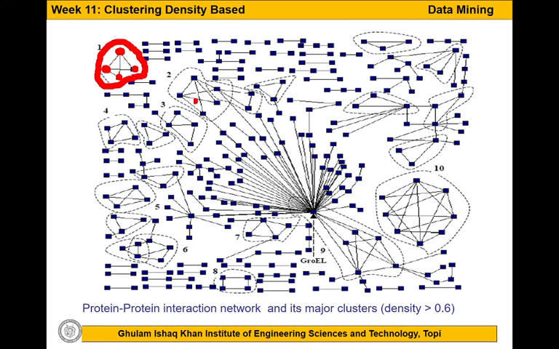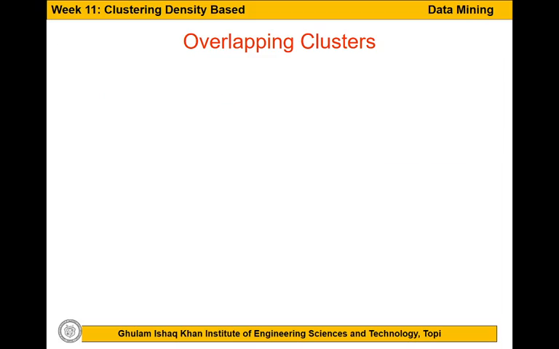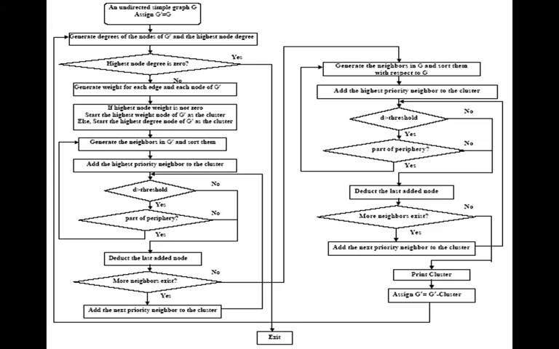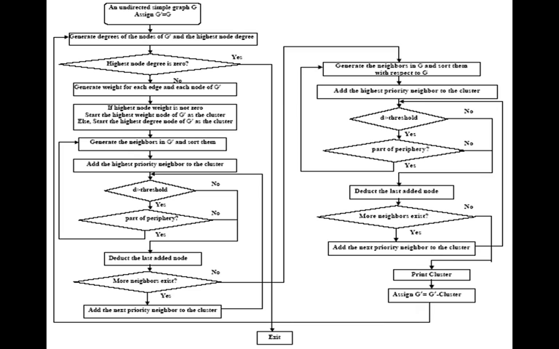In this way we can extract overlapping clusters using density based clustering as well. The flowchart of density based clustering to extract overlapping clusters is mentioned here. It may not be in a very good resolution, but I'll be emailing you the slides, so there you will be able to see it in a clearer format.